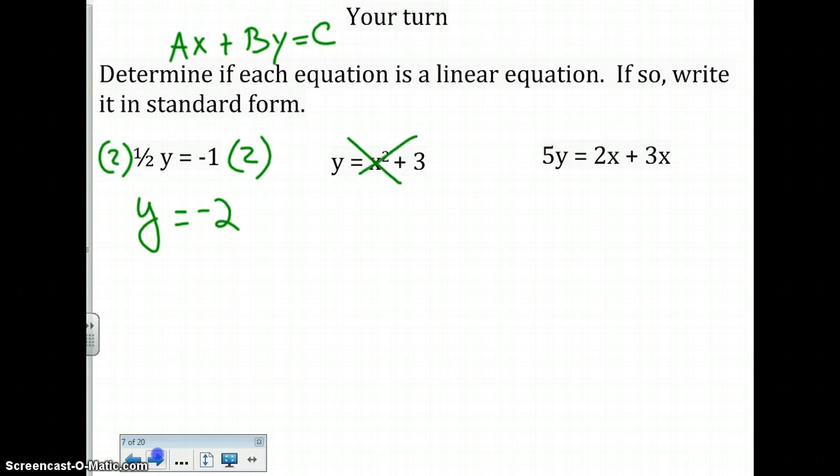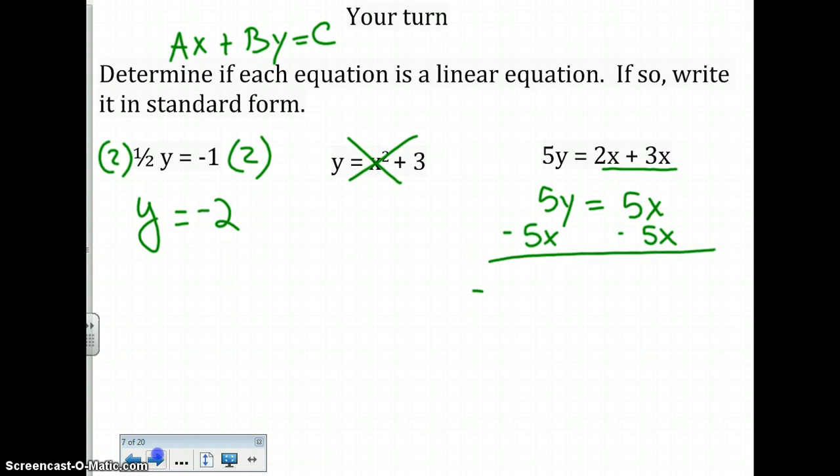This middle one is not a linear equation, so I can't put it into standard form. Our last one is. We have 5y equals 5x. To get into standard form, I need the x onto one side, so I'll go ahead and subtract 5x.